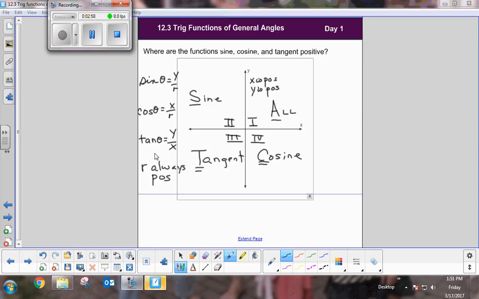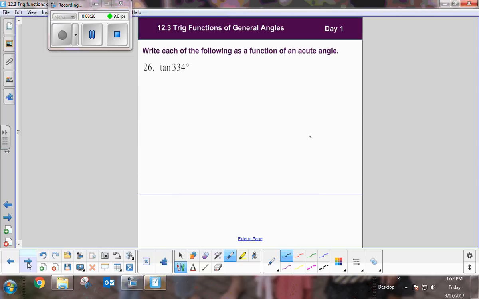Now, if sine is positive, cosecant is going to be positive too, because reciprocals will always have the same sign. Tangent's positive, then cotangent's going to be positive also. If cosine's positive, then secant will be positive, because when we take the reciprocals, we don't change the sign. Got it? Okay, so going on.